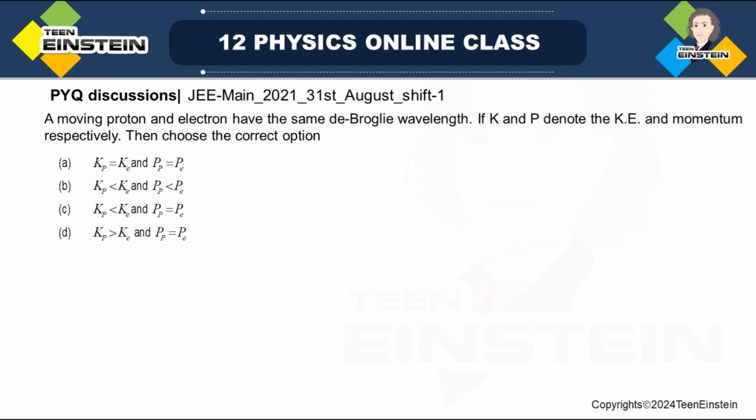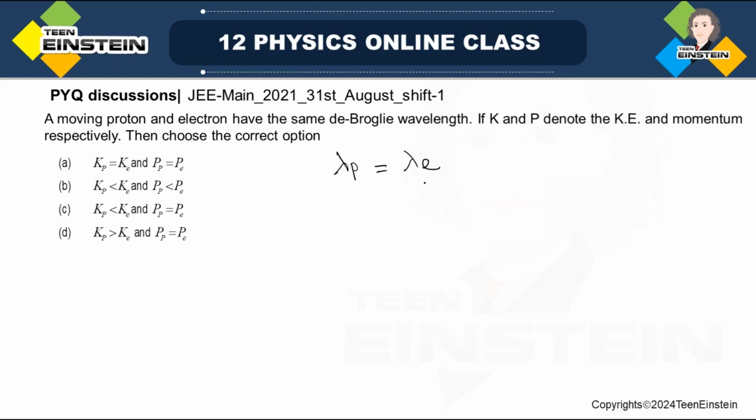Now we have a question from modern physics. A moving proton and electron have the same de Broglie wavelength. So a proton and electron both have the same de Broglie wavelength.